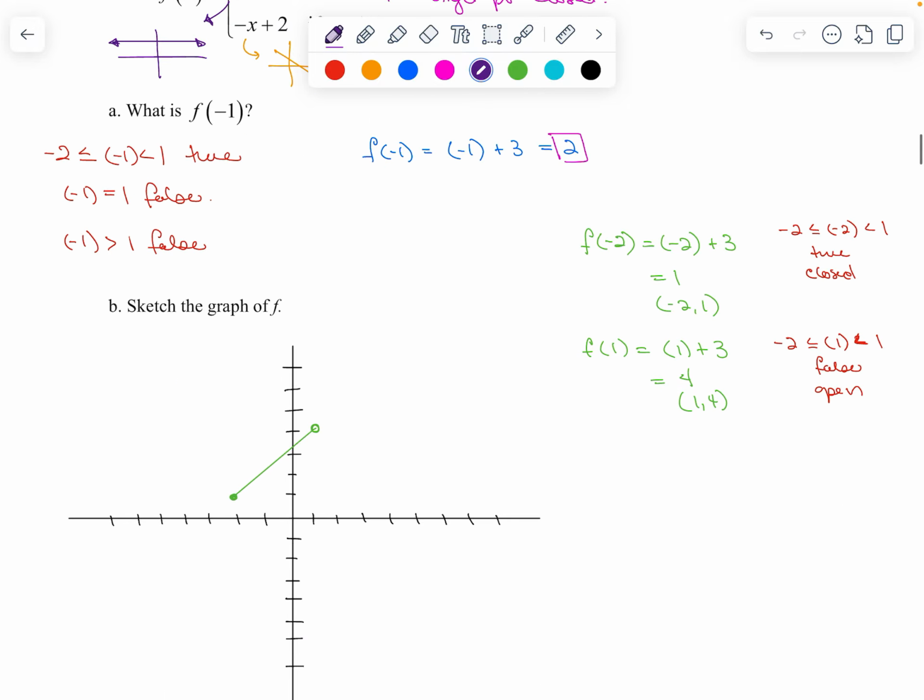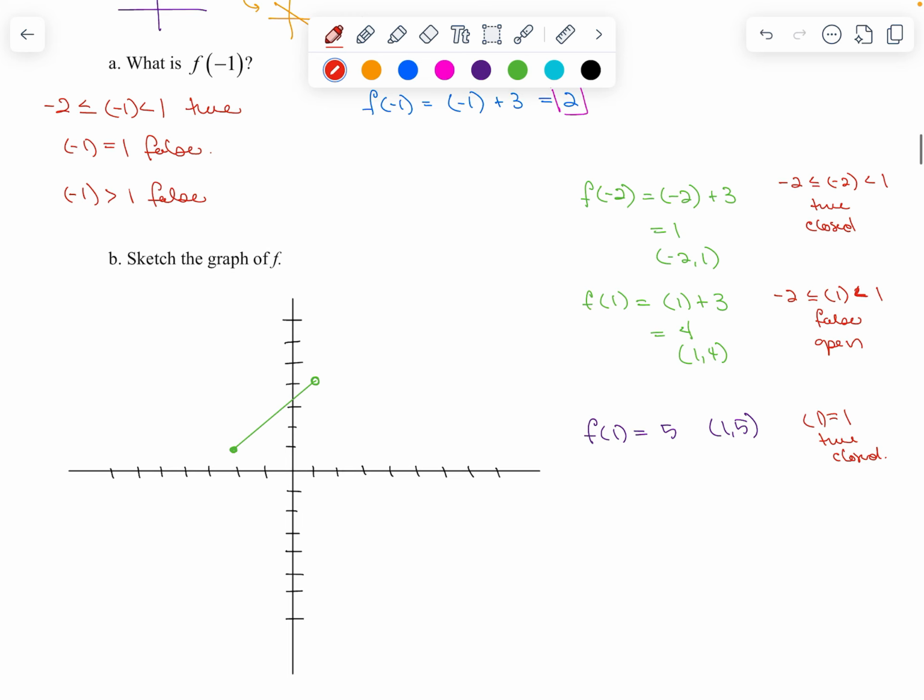So that means at f of 1, sorry, this is then just 5. So I have the ordered point 1, 5, and like I said, for that if statement, 1 is equal to 1. So when I plug in 1, I get that this is true, and so it's closed. It's a closed circle there. So we're going to go ahead, 1, 5, right there.